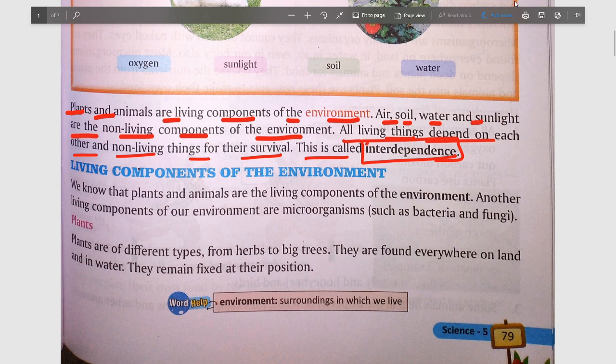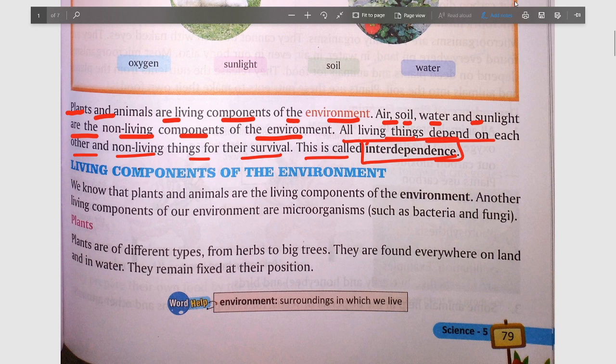So whom do you ask? You ask your parents for money, and they give you money, and then you buy those things, or they buy those things for you. So you are dependent on your parents. In the same way, all the living components, plants and animals, are dependent on each other for their basic needs. So this is called interdependence.